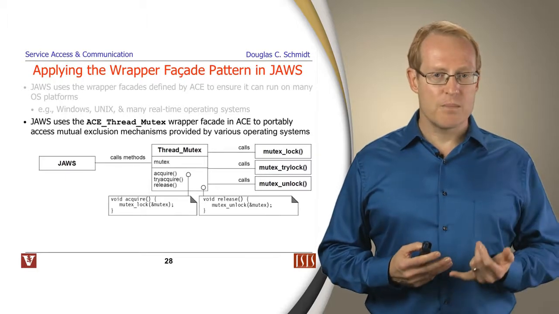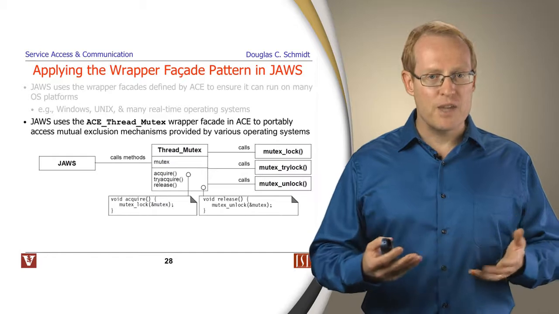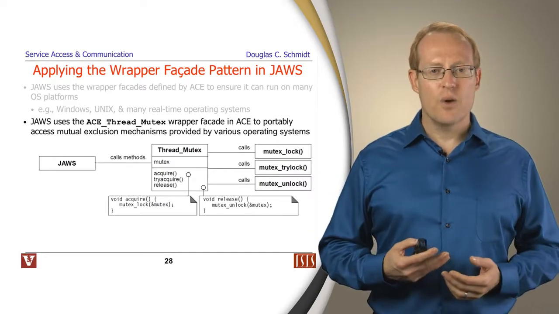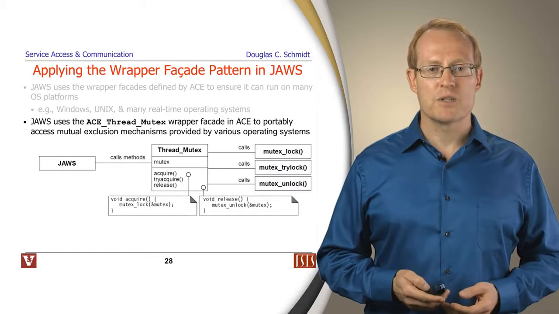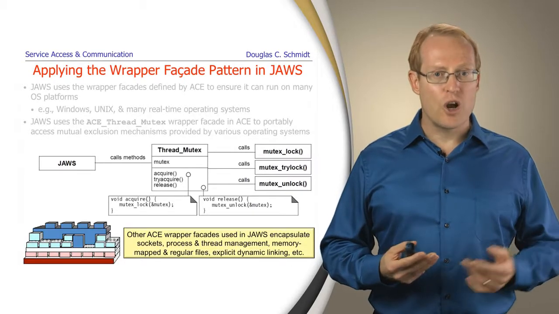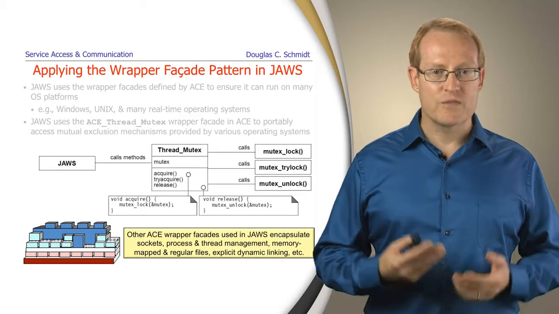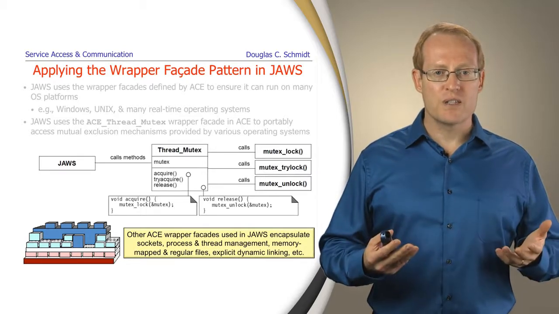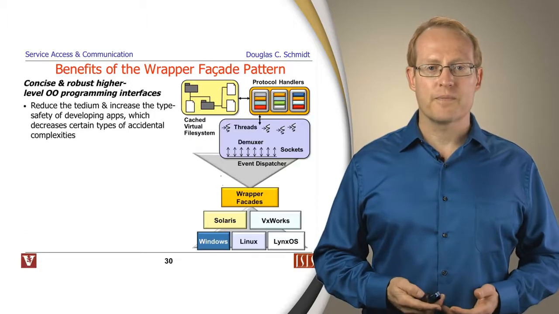This one illustrates the mapping to Solaris threads. It's easy to map it to POSIX pthreads or Windows threads or various other kinds of mechanisms you might find on real-time operating system environments and so on. In practice, JAWS is going to use lots more stuff that we would find in ACE, all the other wrapper facades for other types of OS services it encapsulates behind an object-oriented programming interface.